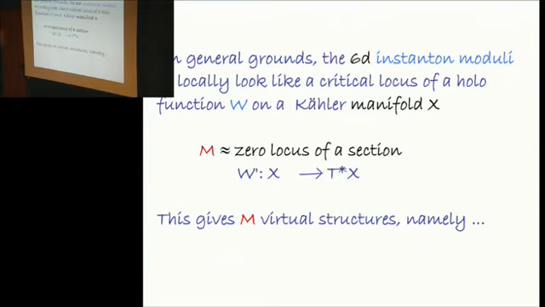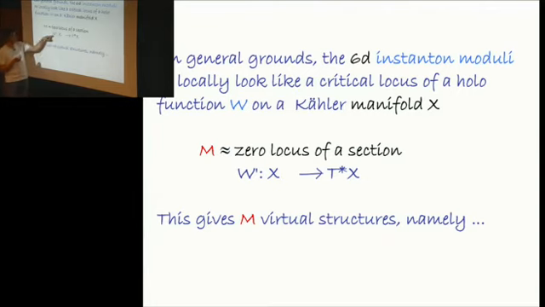On very general grounds, this instanton moduli space, however singular, locally near each point is going to look like a critical locus of a holomorphic function. This means our moduli space is embedded in some ambient smooth variety X as the zero locus of the differential of a function.